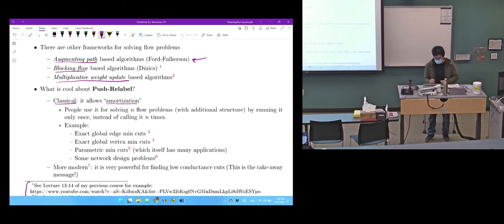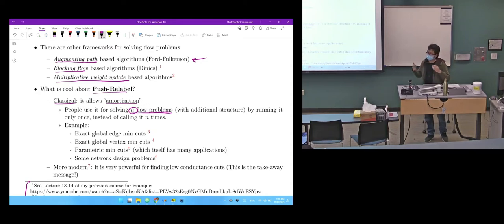People use it when you have a problem where you need to solve many flow problems, like n flow problems, but these problems have some related additional structure. It turns out that you can use push-relabel to solve the n problems just by running the algorithm once.